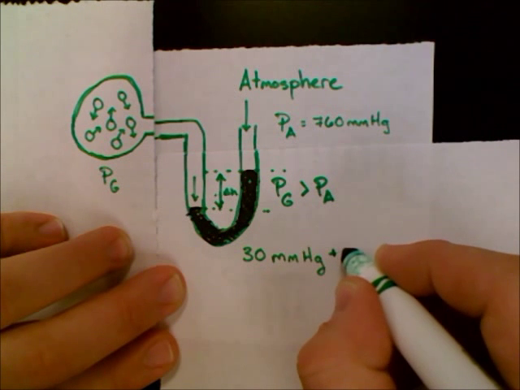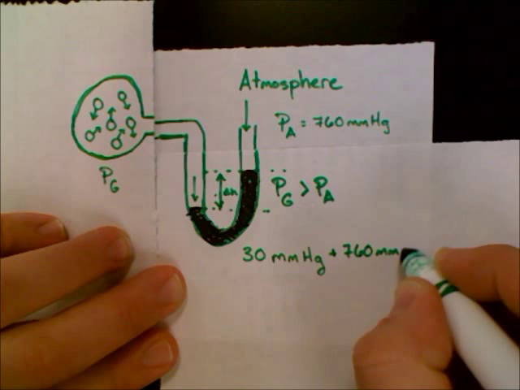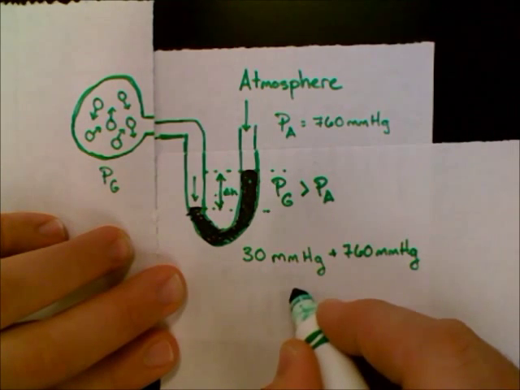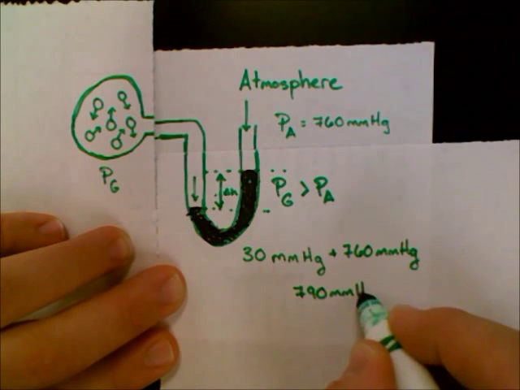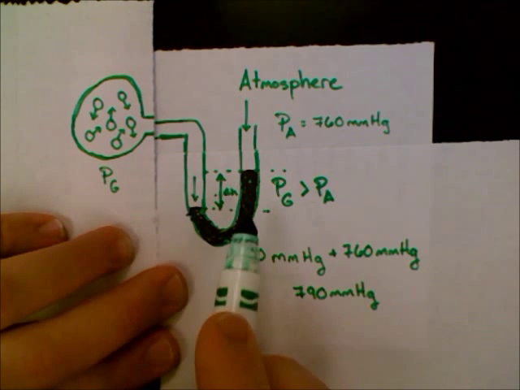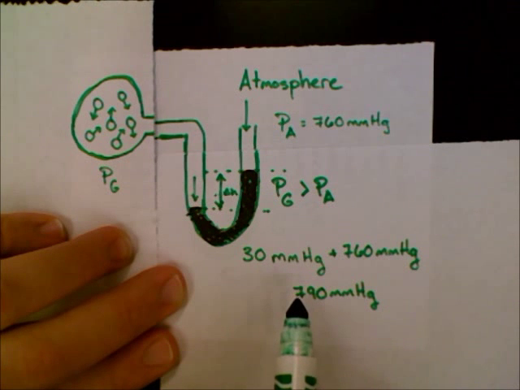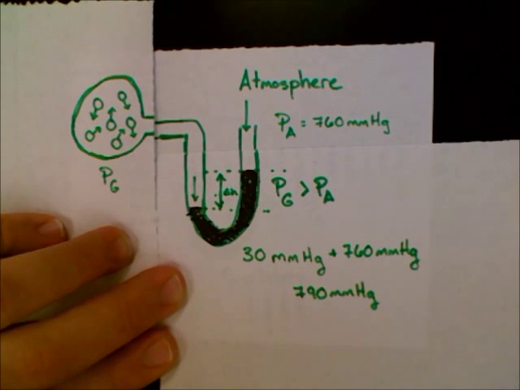So I'm going to add that 30 to 760 millimeters of mercury to get an overall pressure of 790 millimeters of mercury. Again, because I can see here that the gas is pushing harder than the atmosphere, the pressure of my gas has to be higher by the difference in the levels of the mercury in the two arms.